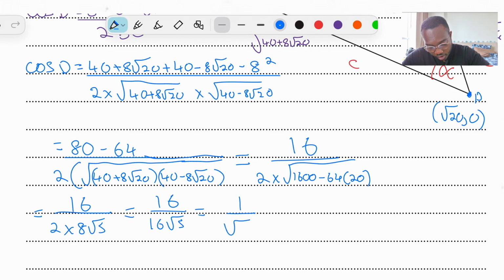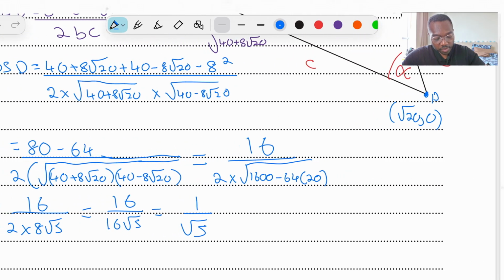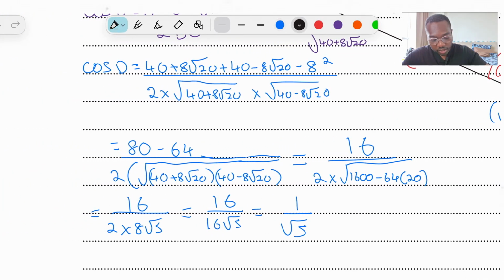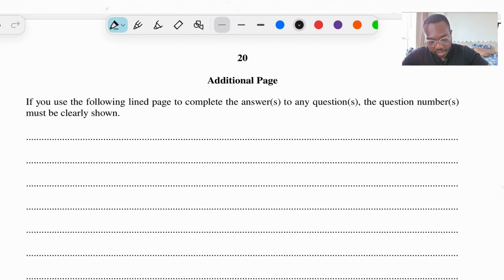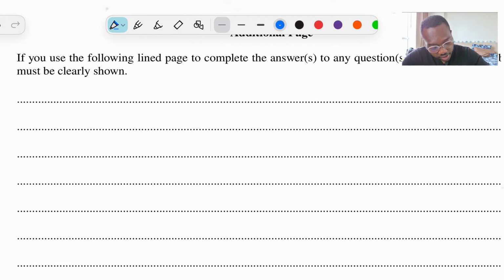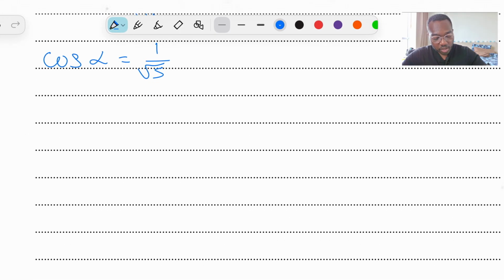So what does that mean? Remember that all of this was the cosine rule, so this is cos d. I called my d alpha, but it doesn't matter what you call it. Effectively, we end up with cos alpha equal to 1 over root 5.